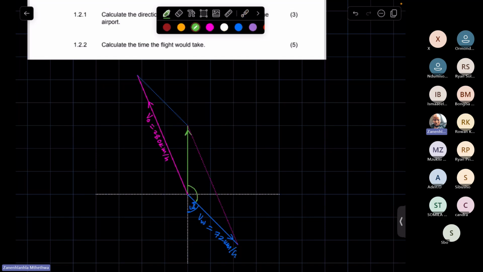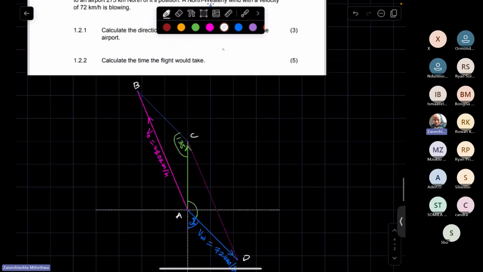So if this is 135, it means this here is 135 as well, right? Yes. So this angle here is 135 degrees. Now you label your parallelogram. Let's call it A, B, C, call this D, and then your parallelogram is complete.